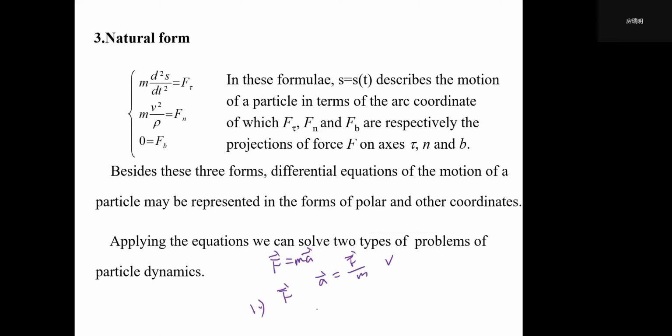So this is the first type. The second is if we know A, so we can find F, which equals M times A. Since we can use F over M to find A, we can do two integral calculations, then we can find V and S. And if we only know S, we can do S dot equals V and S double dot equals V dot equals A. Then we can use M times A to find force.